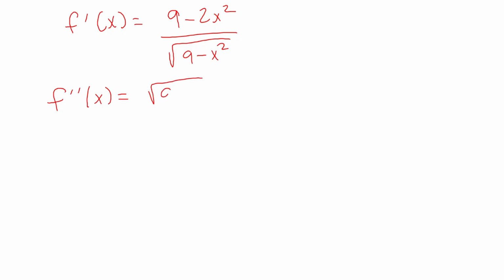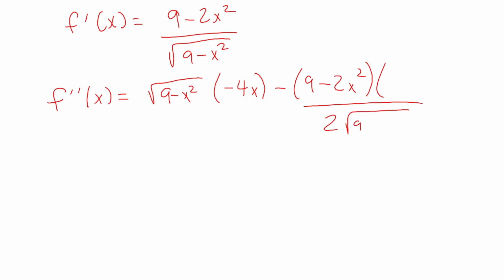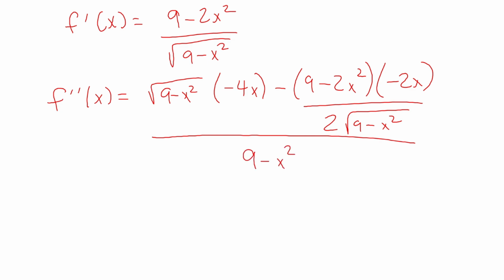So it'll be denominator times the derivative of the numerator minus the numerator times the derivative of the denominator, which is 1 over 2 root 9 minus x squared, times the derivative of 9 minus x squared, which is negative 2x. And it's all going to be over 9 minus x squared because it's root 9 minus x squared squared. We can do some basic simplification here, the 2's to begin with.